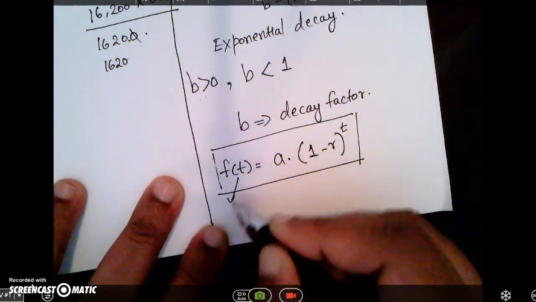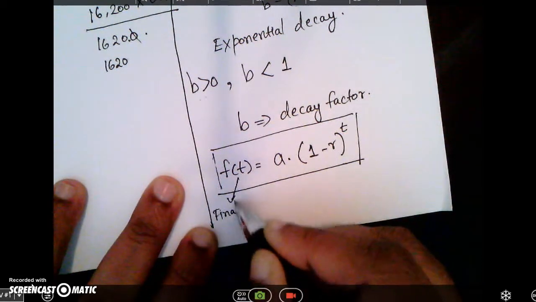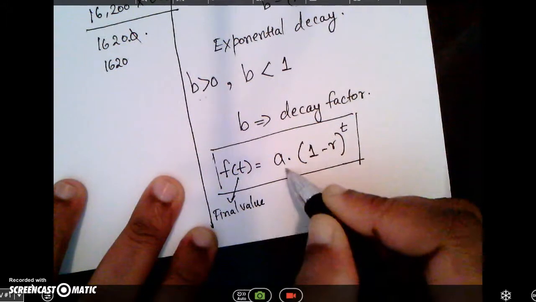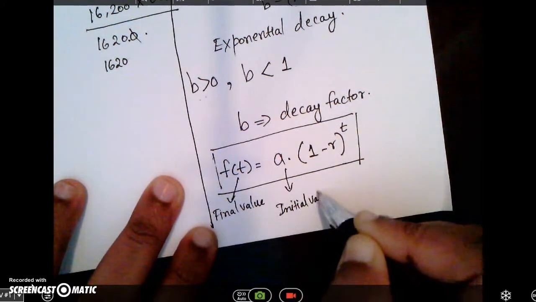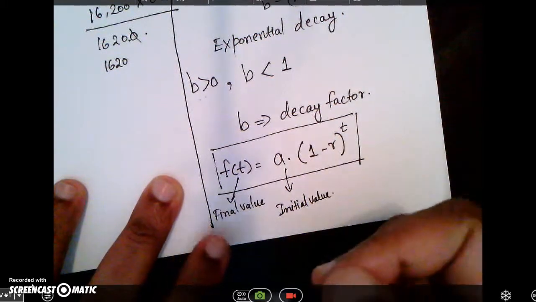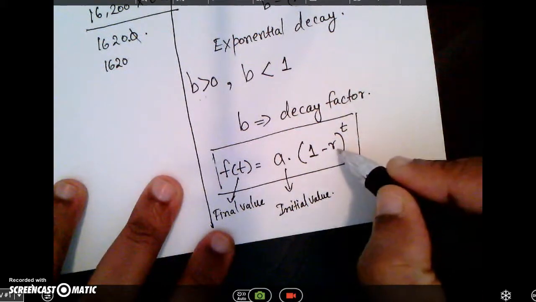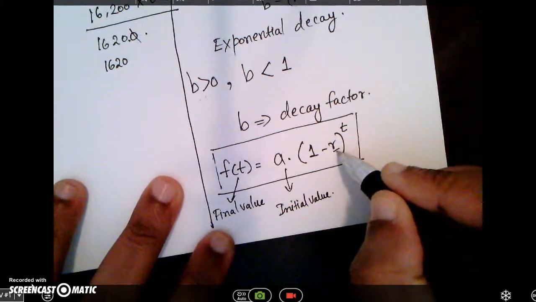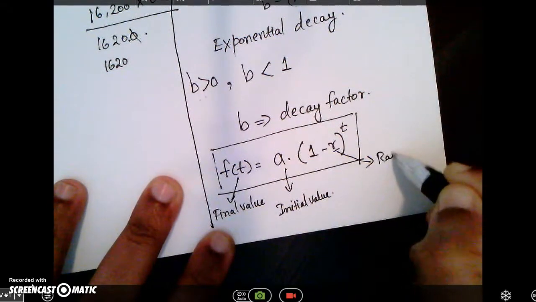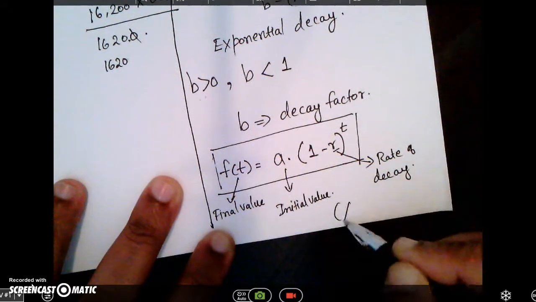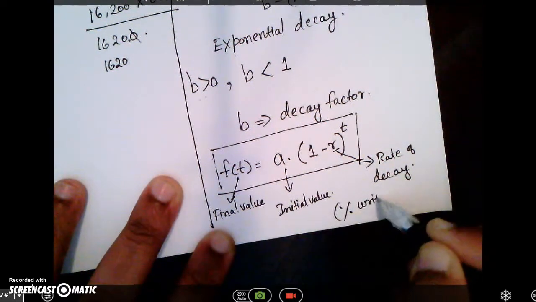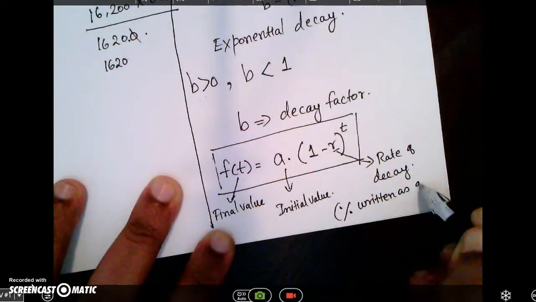So this is my final value. This is my initial value. When I say value, it's a value of your y. All right. Initial value. This is the rate of decay, percentage written as a number.